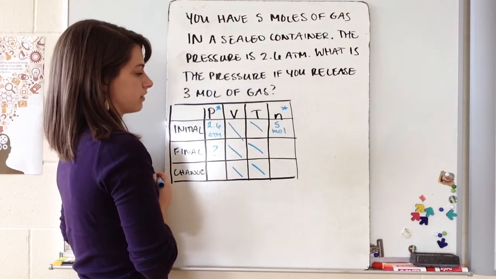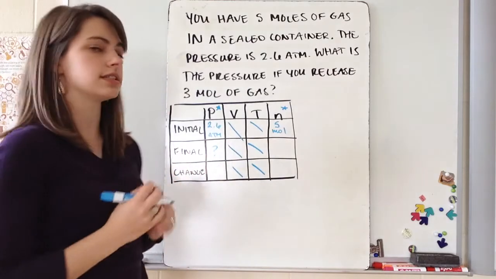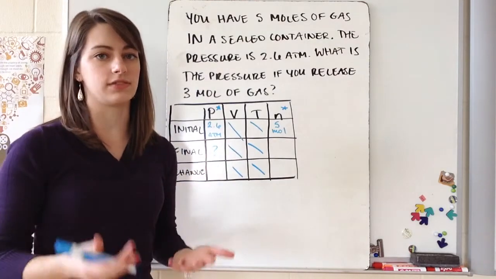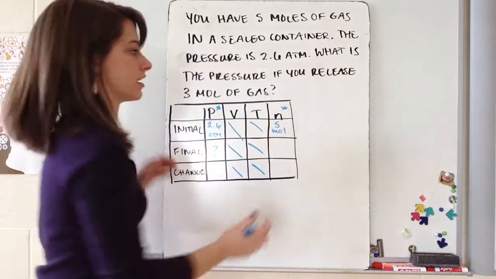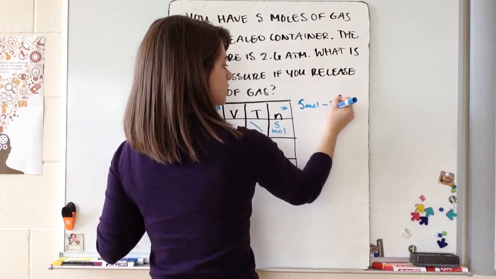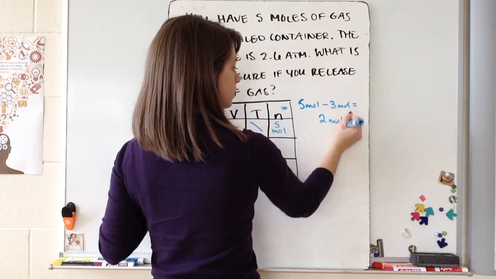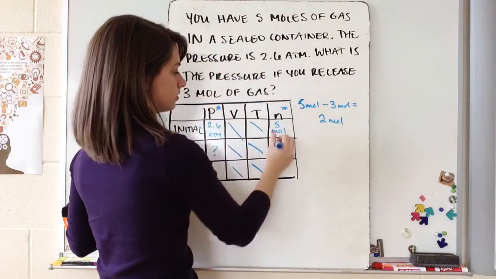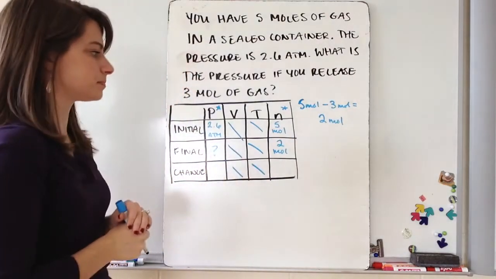That's what we want to try and find. And we're releasing 3 moles of gas. Now, it doesn't say we have 3 moles of gas left in the container. We lose 3 moles of gas from the container. So if we started with 5 and we lost 3, we're left with 2 moles of gas for our final.